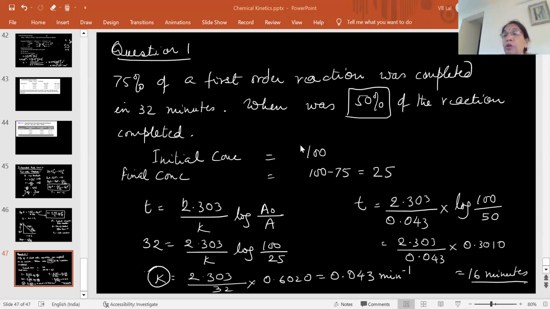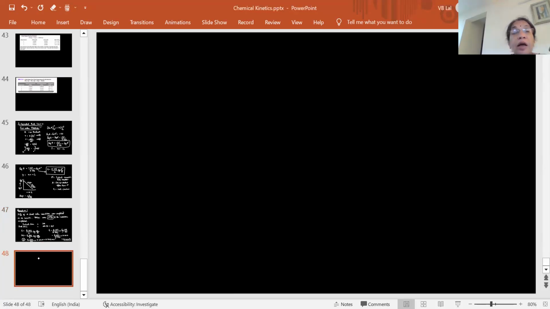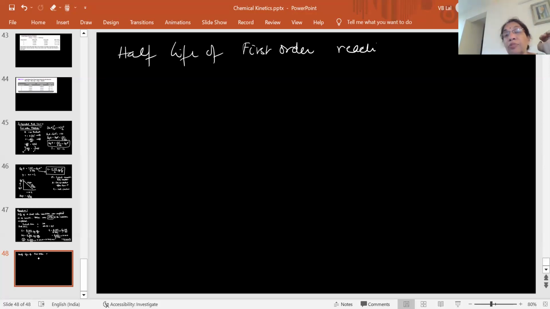Now there is one more term that we need to know and understand, and that is called the half-life of a reaction. That's the next thing that we will learn now. So, calculating half-life of a first order reaction. What is the meaning of half-life?